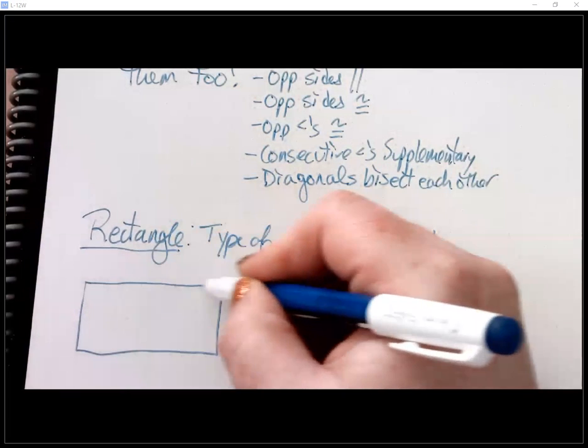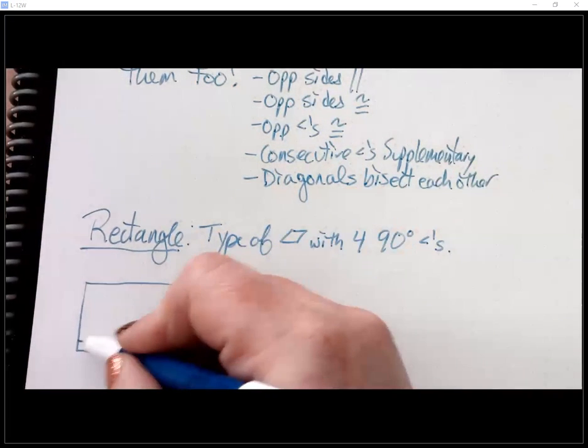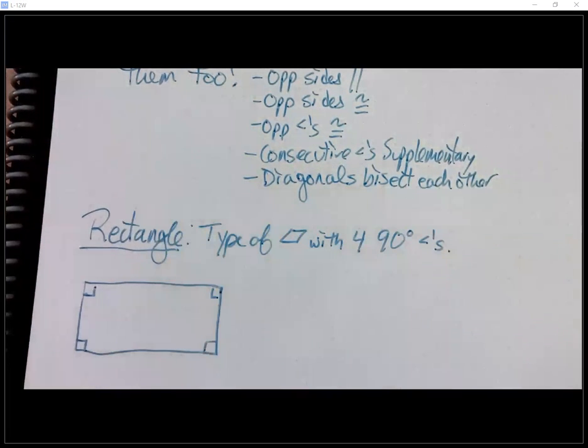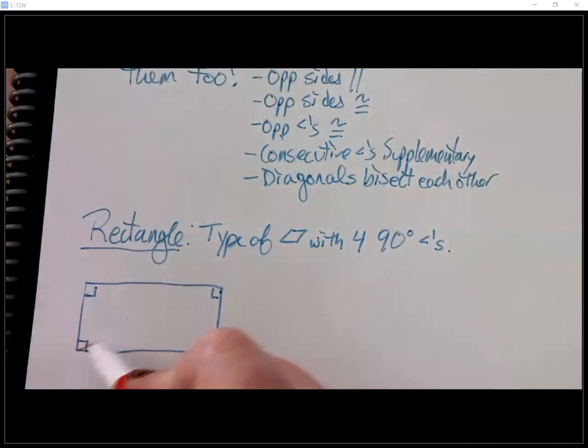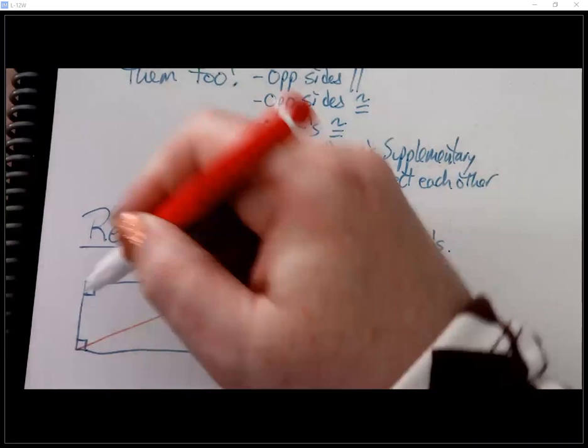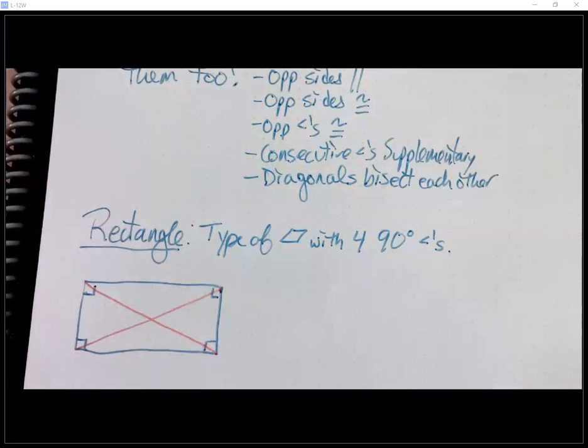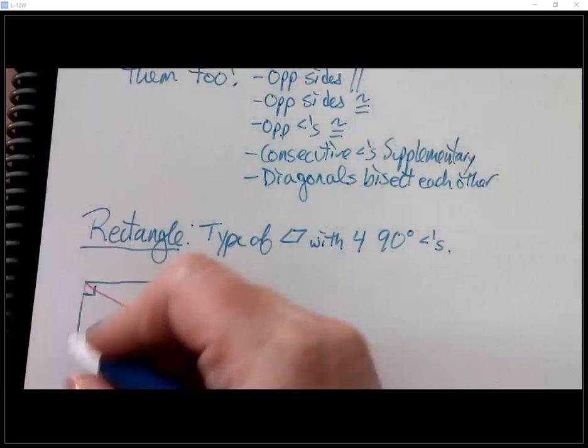So here is my rectangle, 4 90-degree angles. If you draw in the two diagonals in a rectangle, not only will they bisect each other, because we know that that's true in any parallelogram, they will be equal in length. That is not true for anybody else besides a rectangle.